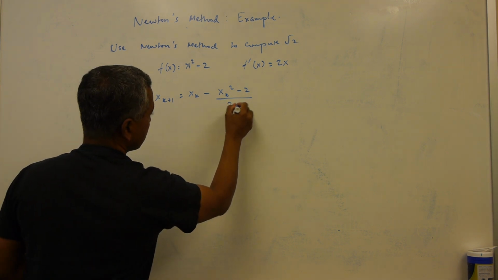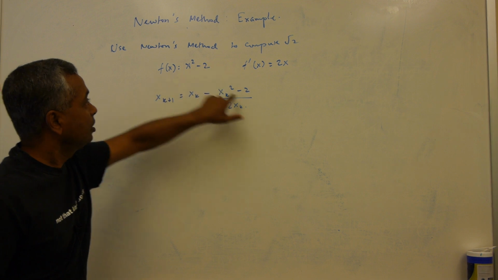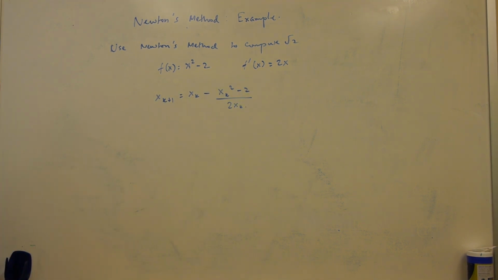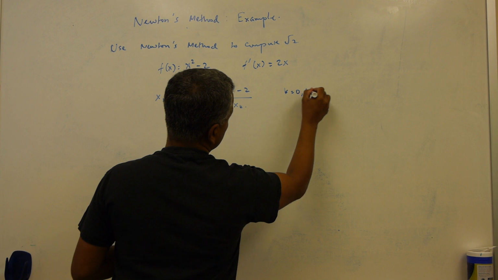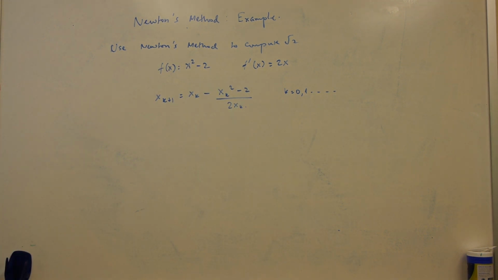So that's 2xk. Okay. So this is simply this function. This is simply the root. And that is the Newton iterate that we've just discussed. Okay. So of course I have to do this for k equals 0, 1, and so on. And my hope is that we'll converge to the solution.